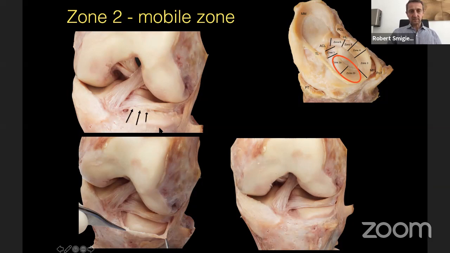And this is the attachment of the very thin synovial layer, as you can see here with the black arrows. On the third picture, I removed that, and then you can see in slight flexion how far posteriorly the meniscus moves.